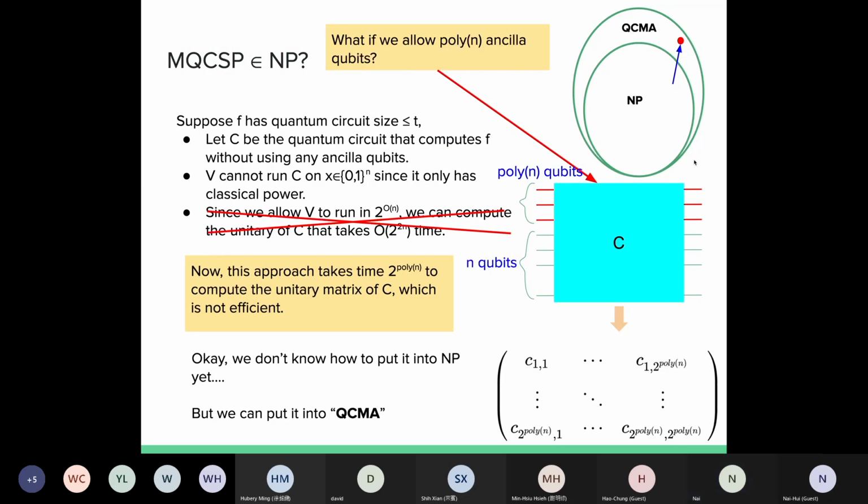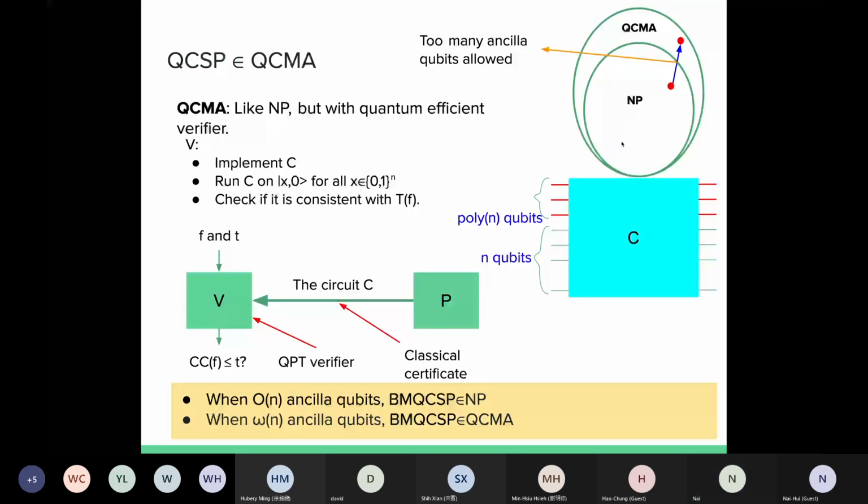The idea is even simpler when you consider QCMA, because QCMA is very similar to NP, but with a quantum efficient verifier. Which means that here, the verifier can run a quantum algorithm.